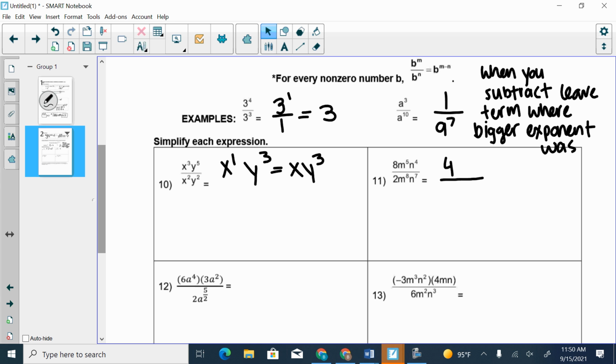So in the bottom of the fraction, I'm going to have m to the third. Okay? For n, when I subtract my exponents, what do I get? And where do I put it? So my answer would be 4 over m to the third, n to the third. Okay.